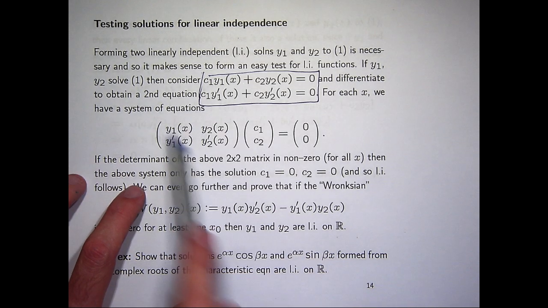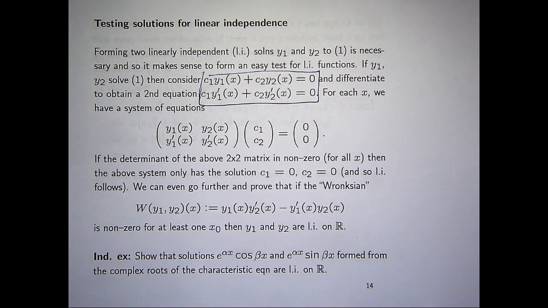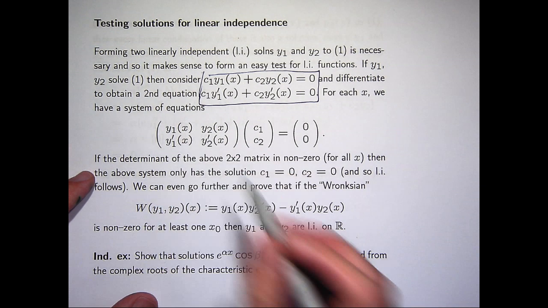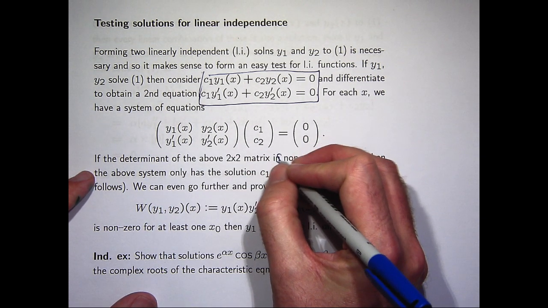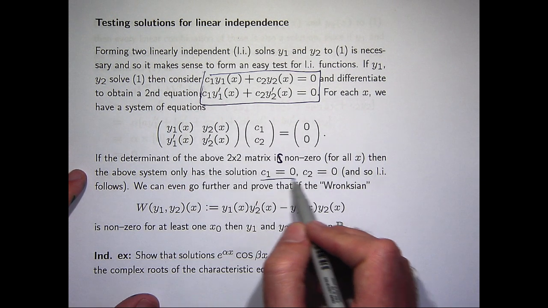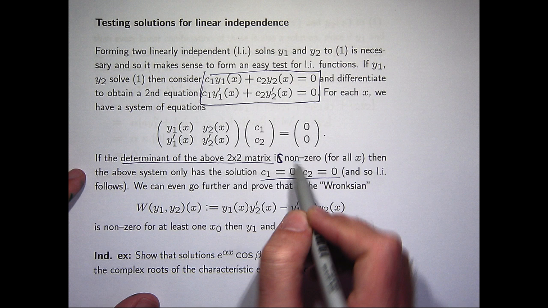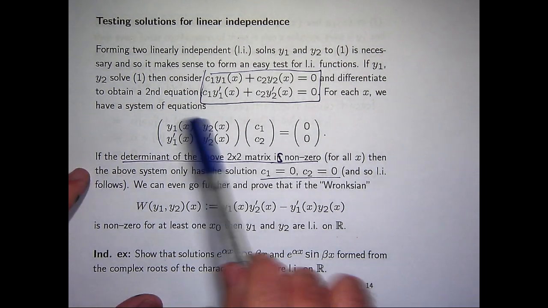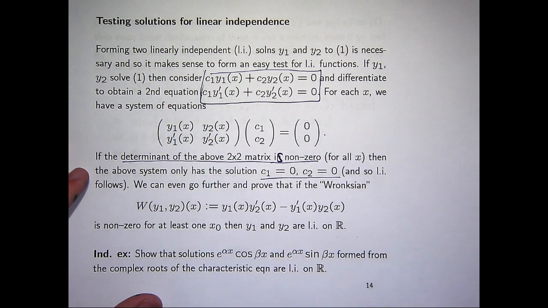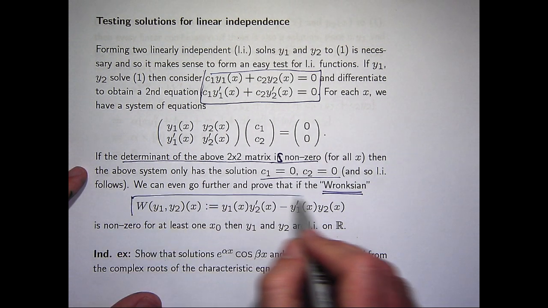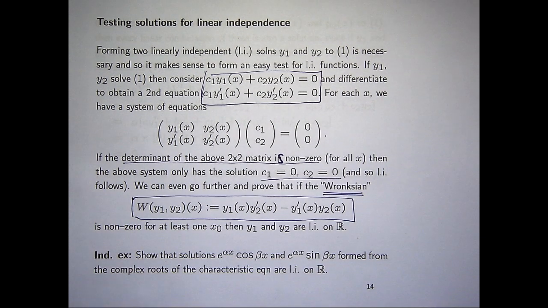If you write it as a matrix, then we know that if the determinant of the matrix is non-zero for all x, then this system only has the zero solution, and so linear independence follows. Now the determinant of this coefficient matrix has a special name called the Wronskian, named after the mathematician Wronski.